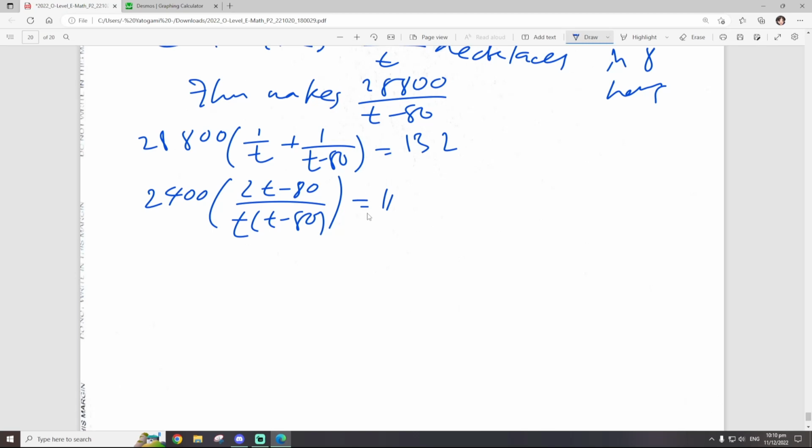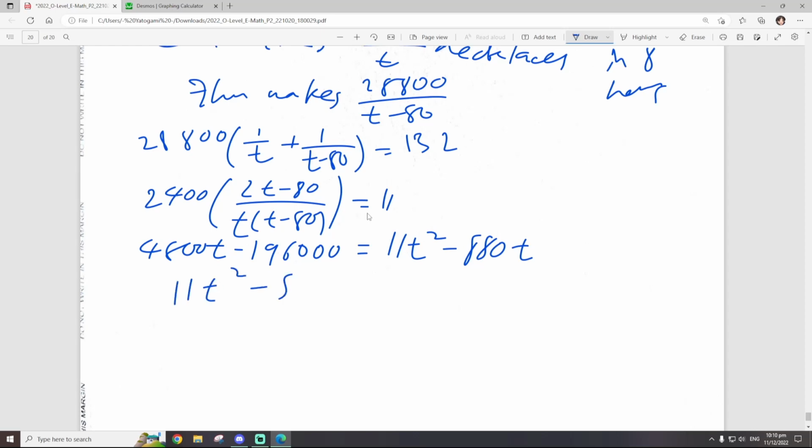So you will get 4800t minus, I think, 196000 equals 11t squared minus 880t. Okay, so you get 11t squared minus 5680t plus 196000 equals 0. So this is a quadratic equation.